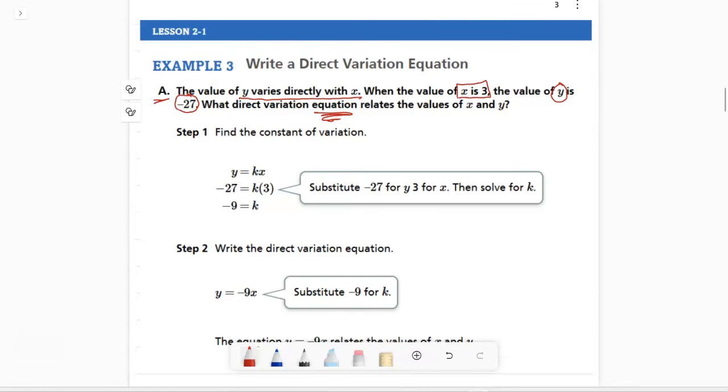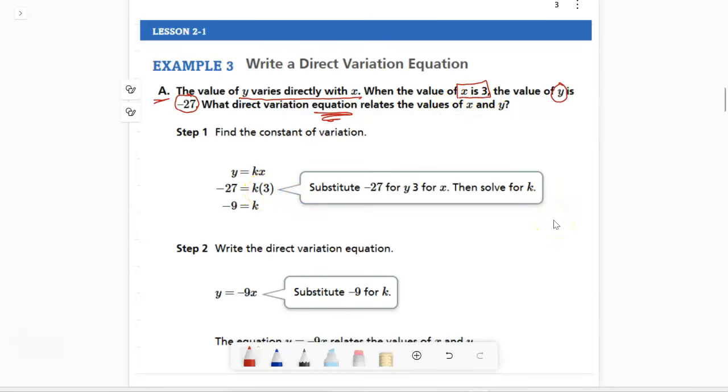So again, we're taking the original equation, y equals kx, and for y, I'm plugging in this negative 27 because it says y is negative 27. And then they said that the x is 3, so they plugged it in here.